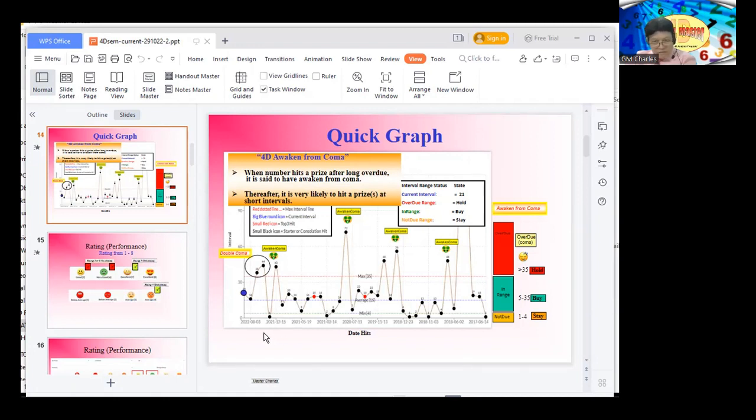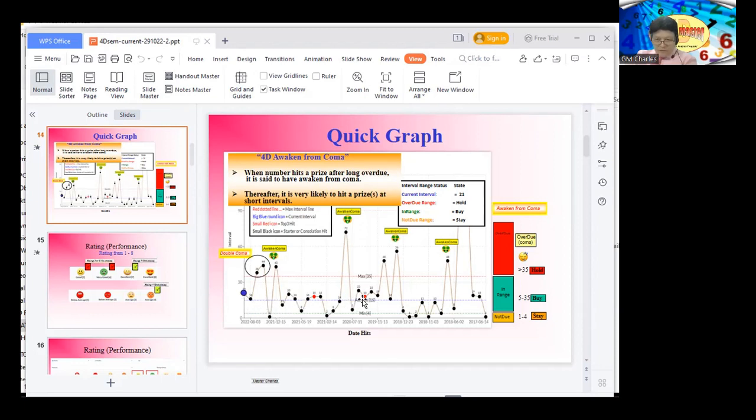Now, okay, look at this chart. Now the interval is here for this number. The big blue is the interval. Is it in the IR1 or IR2 range now? Can anyone tell me? Just now I already explained to you. IR2. Can you hear me, Charles? IR2, yeah. You're right.